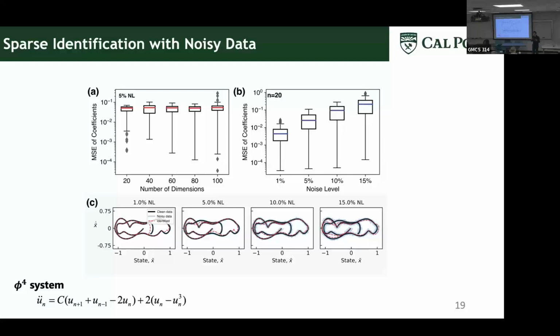The identified system has some error in the coefficients, and because of chaos, that eventually leads to divergence of the two trajectories. But for 10% noise, the trajectory of the identified system still matches somewhat closely with the real one.